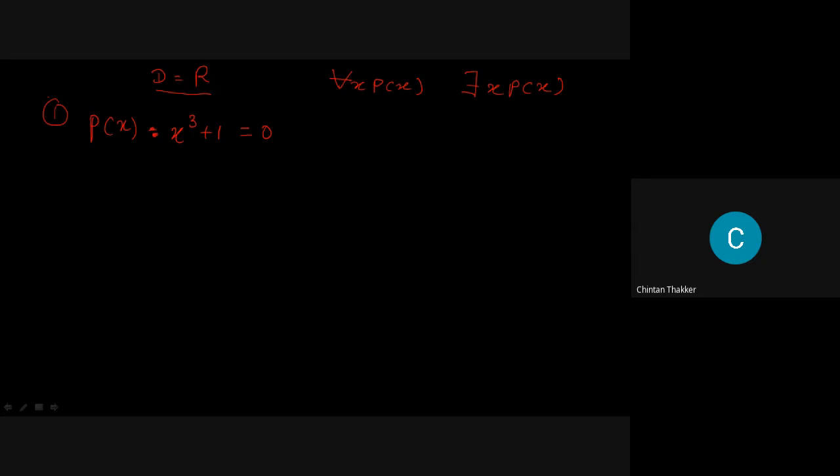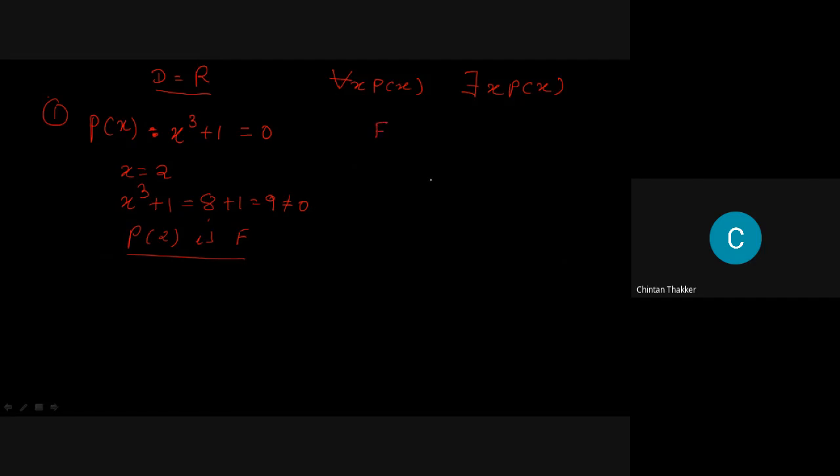For x equal to 2, you have x cube plus 1 equal to 8 plus 1, that is 9. It is not equal to 0. So p of 2 is false. If you got the one value for which px is false, then all x px is false.